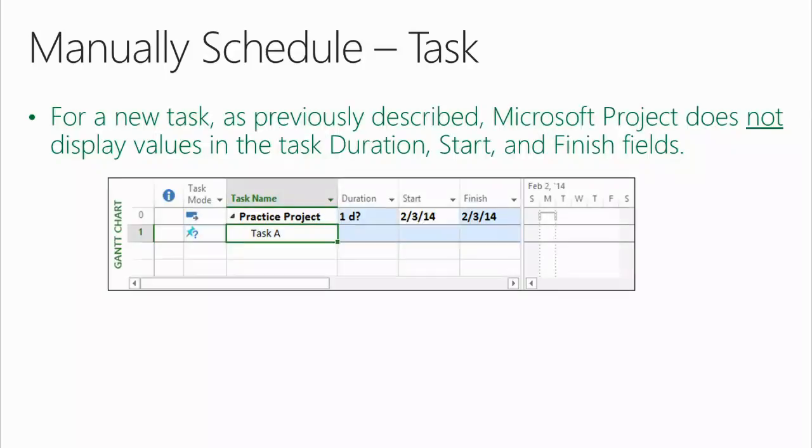All right, so let's give this a try, Terry. Let's go into Project, and let's put in a new manually scheduled task. And again, we already saw this. For a new task, as previously described, Project does not display values in the task duration, start, and finish fields. Okay, again, remember that word there. Keyword is display.